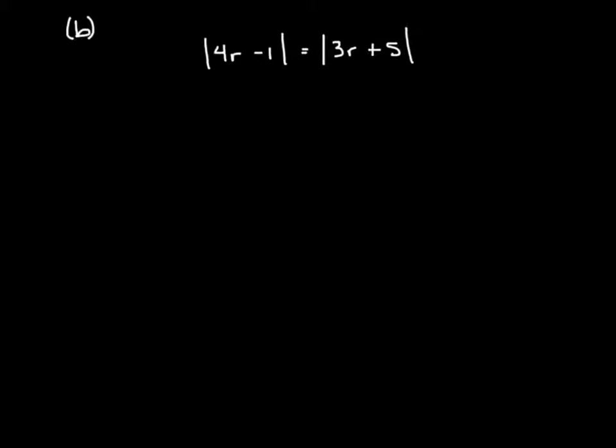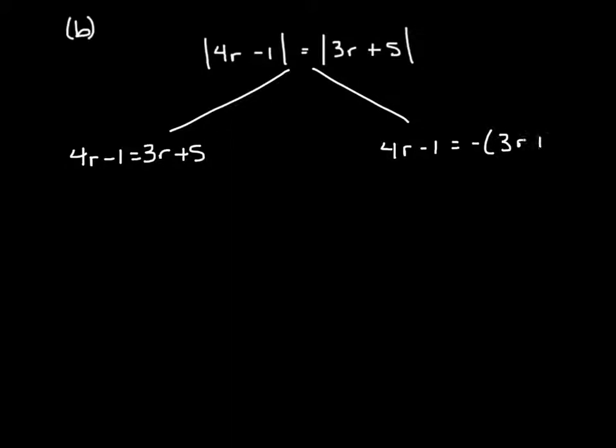Example B is the absolute value of 4r minus 1 equals the absolute value of 3r plus 5. So I'll write that as 4r minus 1 equals 3r plus 5, and 4r minus 1 equals negative 3r plus 5.